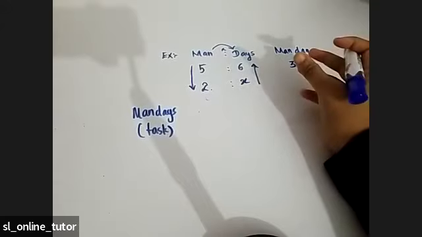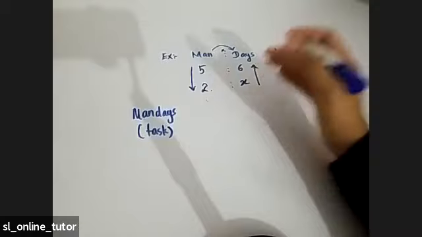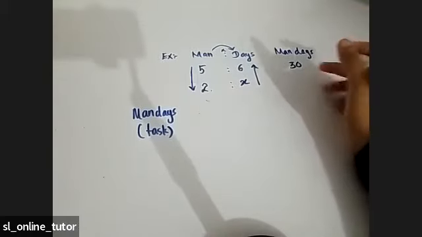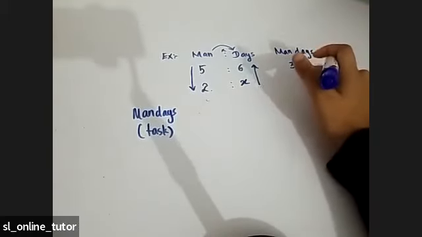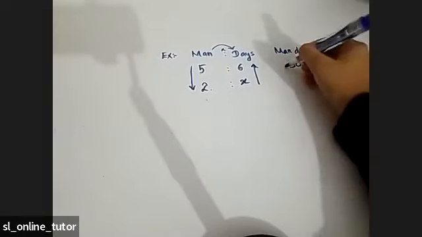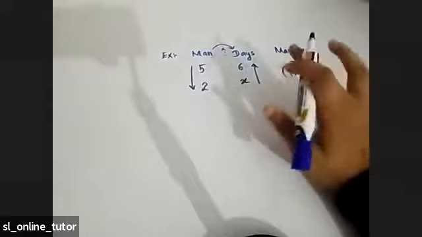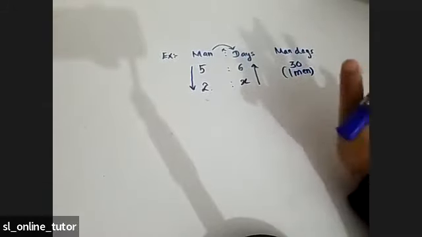That is the task. Can you understand? The number of man days can be found by multiplying man into days. Clear? So 30 man days are taken for 1 man. So I can write it before that for 1 man. Remember, you can't do cross multiplication.